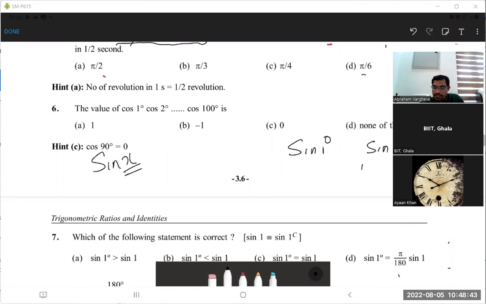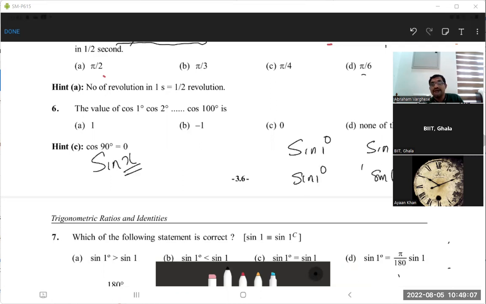So 1 radian will be equal to 180 divided by pi degree. Pi value is 3.14. So 180 divided by 3.14 means approximately 60 degree, or above 50. Okay, 60 degree I take. That means this is sine 1 degree, this is sine 60 degree around.